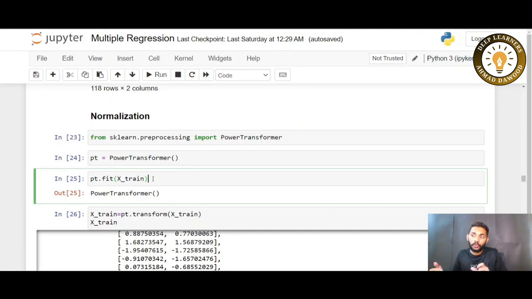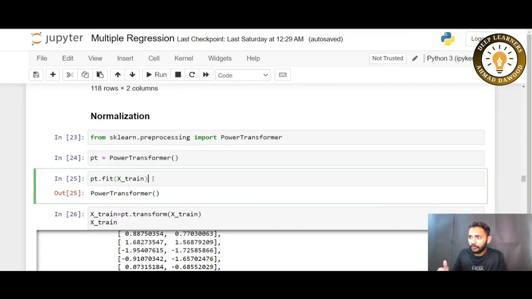So we will do the transformation on the independent variables, and here I am going to fit the module. When we are using some model, we usually say that during fit we are doing training of the model.